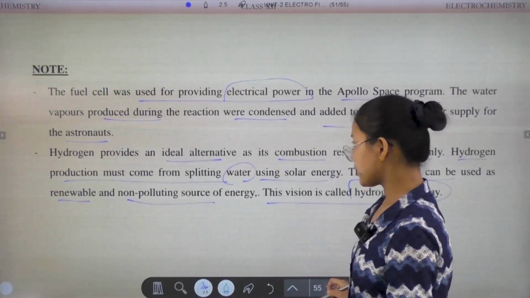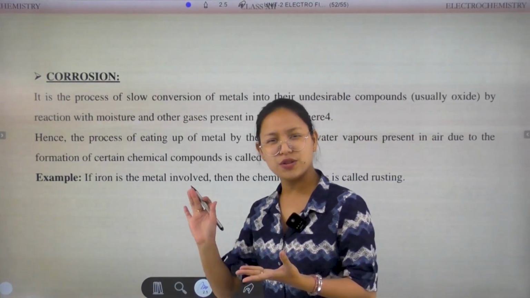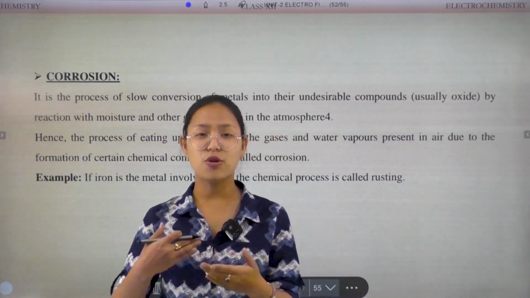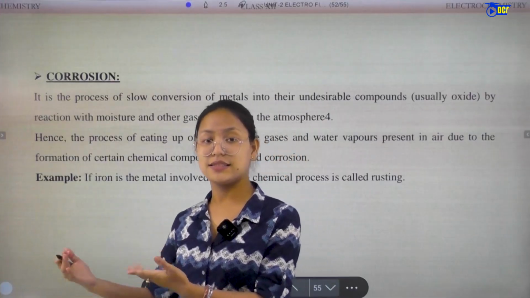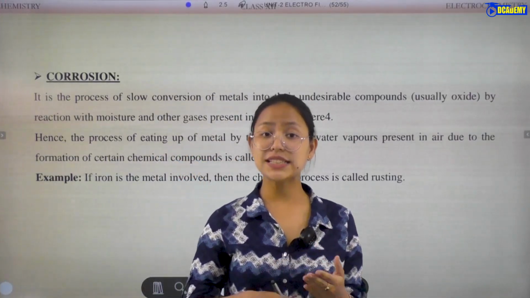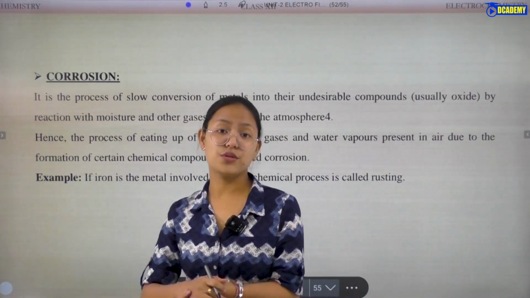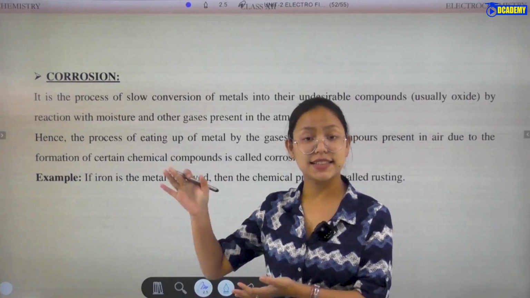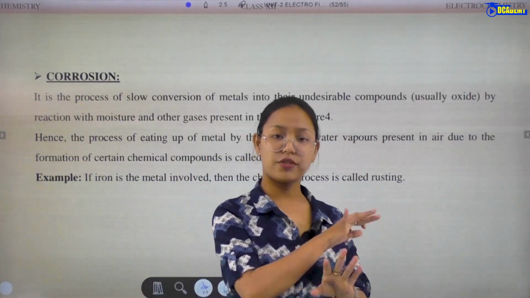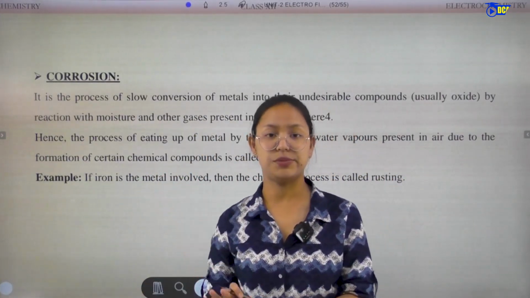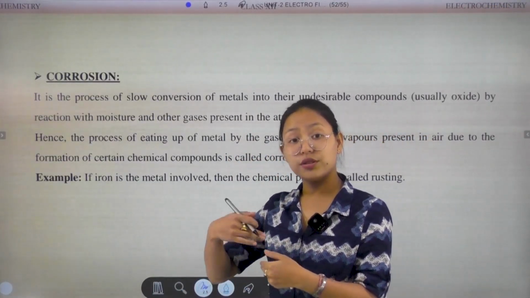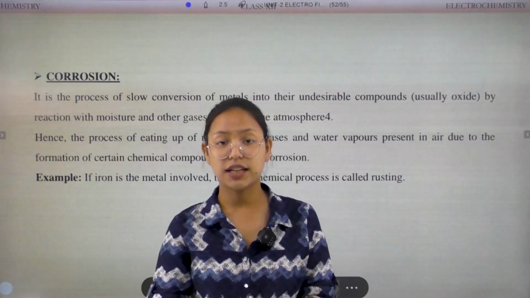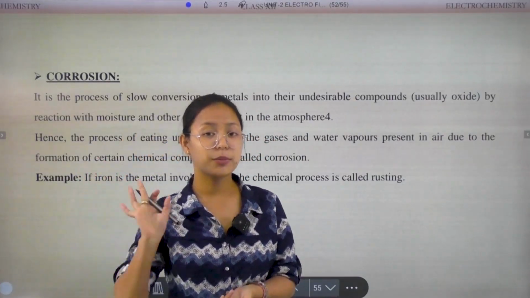Okay, now let's go to the next slide. Corrosion we have already gone through from our very early classes. When we were in class 6, 7, 8, 9, 10, we learned about corrosion many times. You might have heard about rusting.